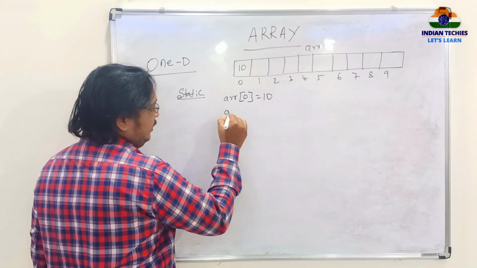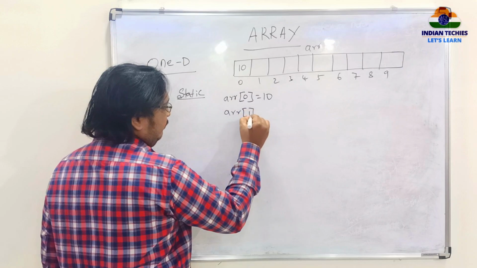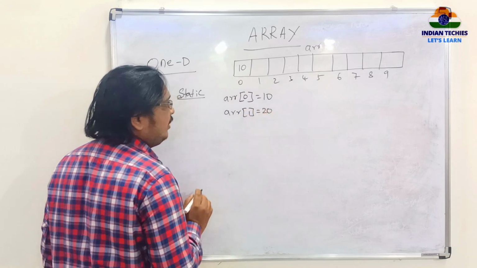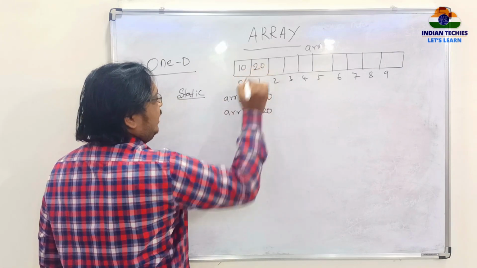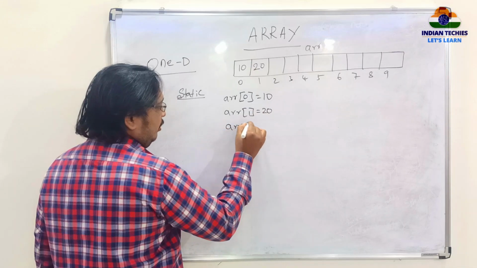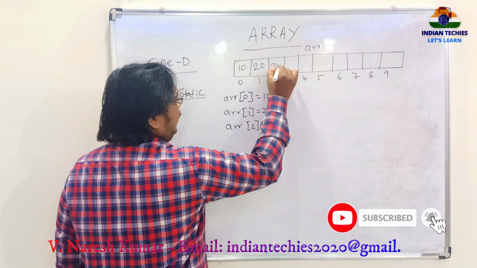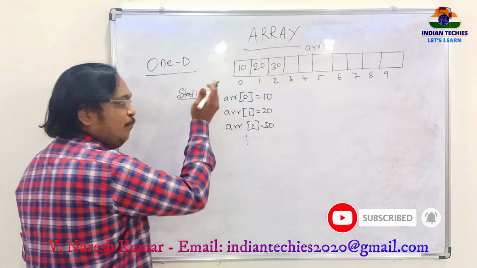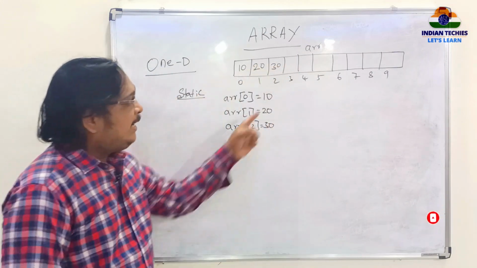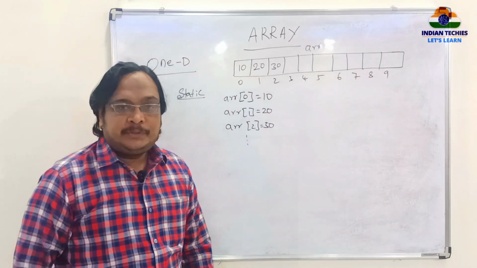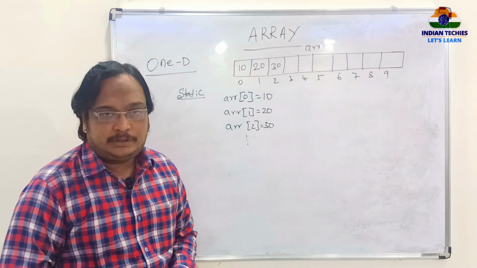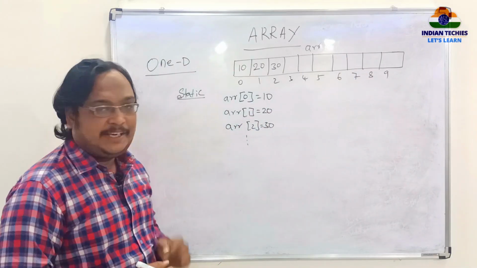ARR of 1 is equal to 20, so I am placing 20 here. ARR of 2 is equal to 30. Like this you can give one variable at a time till ARR of 9. This is one way of giving input, where each and every line is separate.